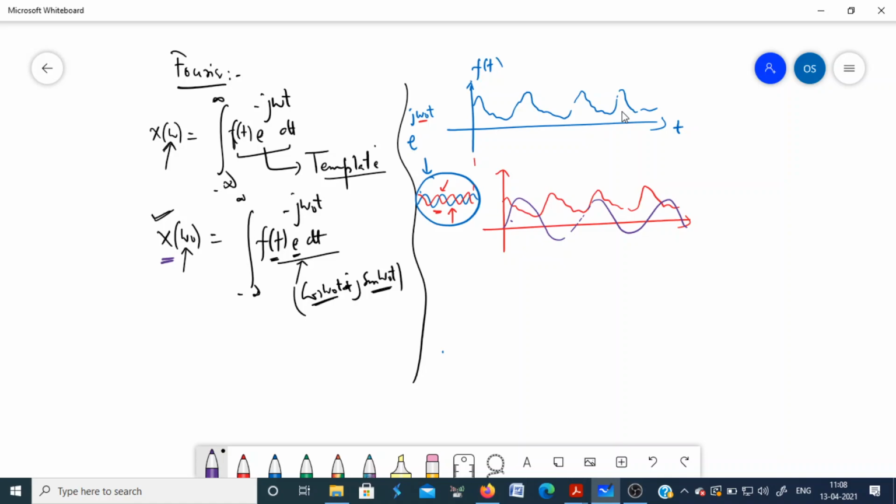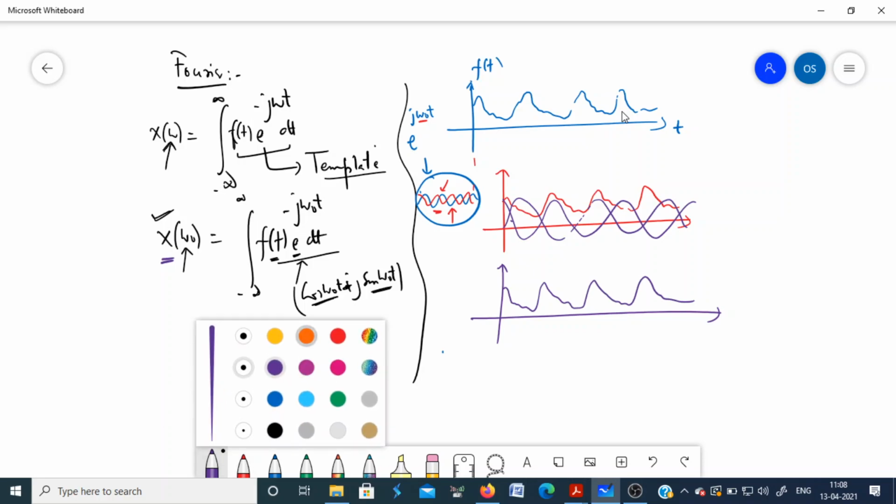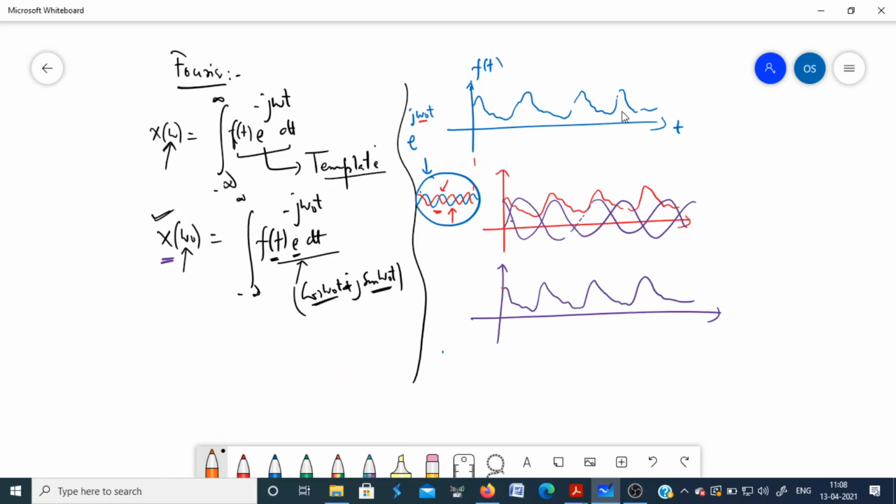In one case you can take sine, in the other case you can take cosine. The function is the same; what you are changing is the frequency. If you change the frequency, you get a different function. Maybe you are taking a high frequency signal, so your omega naught is changed. Here omega naught is different, here omega naught is different.